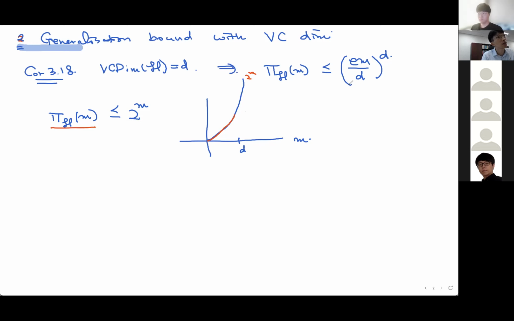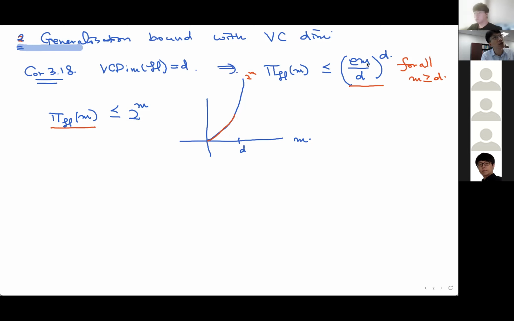Okay, there is some condition for this bound which I forgot. What this bound says is that up to d, the growth function grows exponentially, but after d, it grows polynomially.